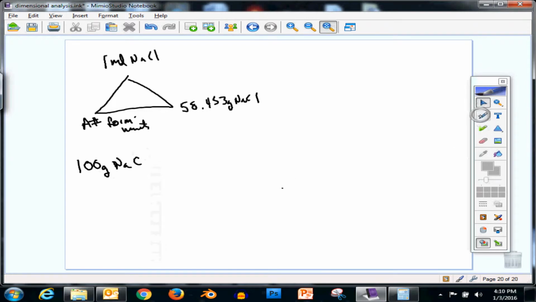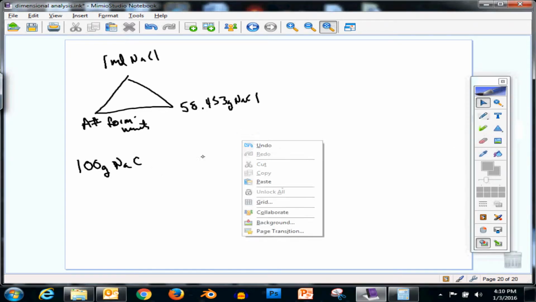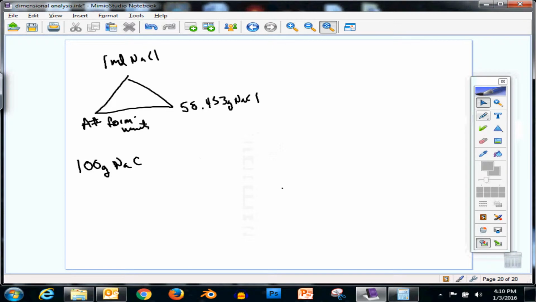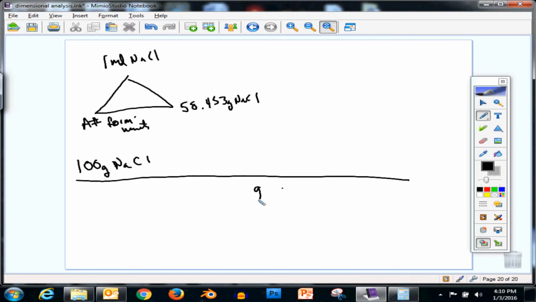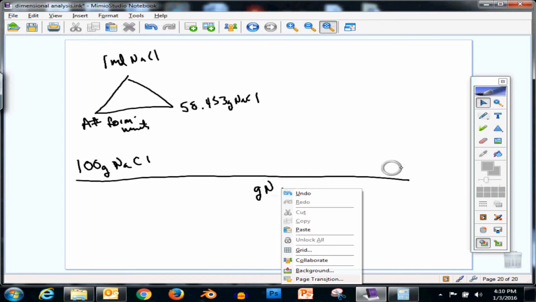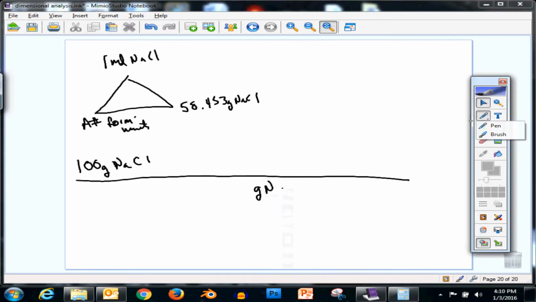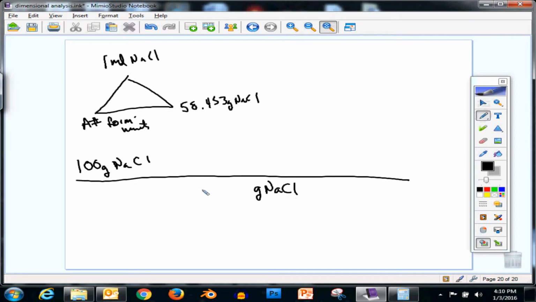Let's say you go out and you measure 100 grams of salt, 100 grams NaCl. How many moles is that? So we draw our line. This is our given, what we start with. What has to go down here? Well, what did I start with?